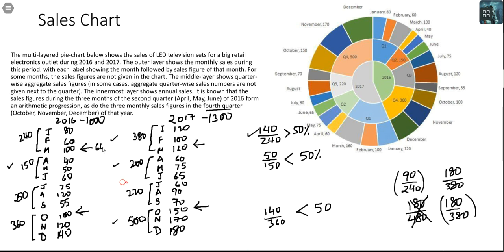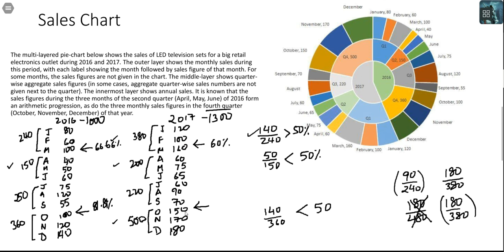Hopefully you can see the change here is of 66.66%. The change here is of 45 by 55. 45 by 55 breaks into 9 by 11. So the change here is of 81.81%. Here I'm going from 100 to 60.